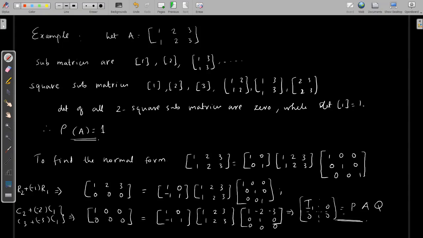So 1, 0, minus 1, 1 is the matrix P, and 1, 2, 3, 0, 1, 0, 0, 0, 1 is the matrix Q. So this is the way we find two matrices P and Q that help us to find the normal form of A. Now there are so many problems in the textbook. You need to work them out, and we will discuss doubts on the online discussion.